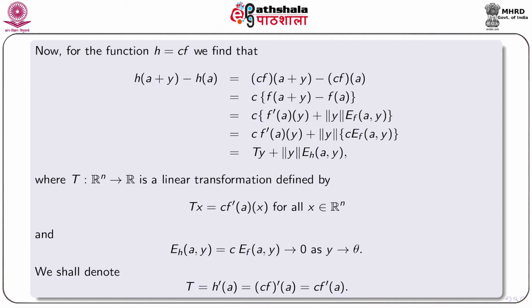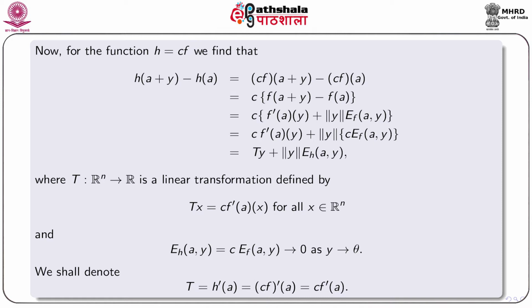Now, using differentiability of f at the point a, we write this term as c times f'(a) operated on y plus norm y e_f(a,y). So this is c times f'(a) on y plus norm y c multiplied by e_f(a,y). Let this be T(y) plus norm y e_h(a,y).